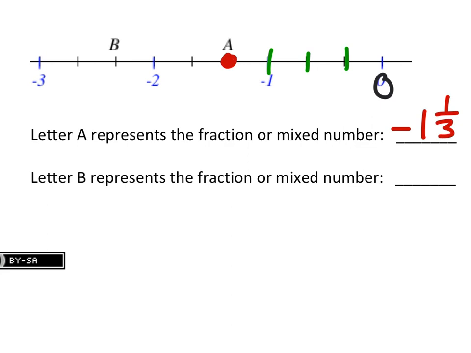So that would be A. B, again, we see we have negative 2 right there, but then in addition to that, we've got this other third, right? 1, 2, 3 thirds. So that's a negative 2 and 1/3.